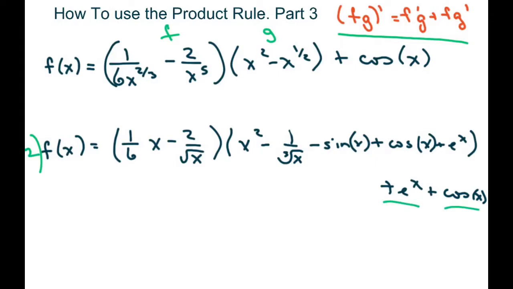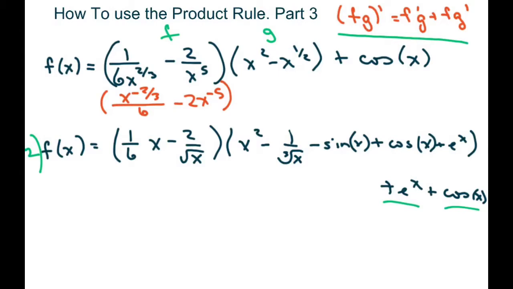And the first thing I'm going to do, before I get started, is just rewrite this. This one would be x to the negative 2/3. If I bring this x up over 6, this would be 2x to the negative 5. So I just rewrote that.